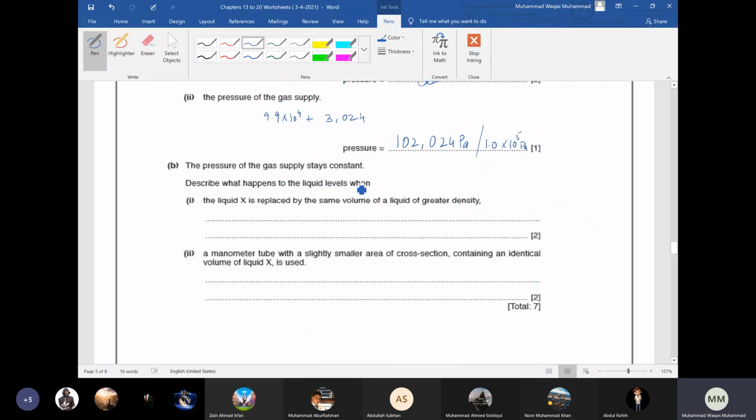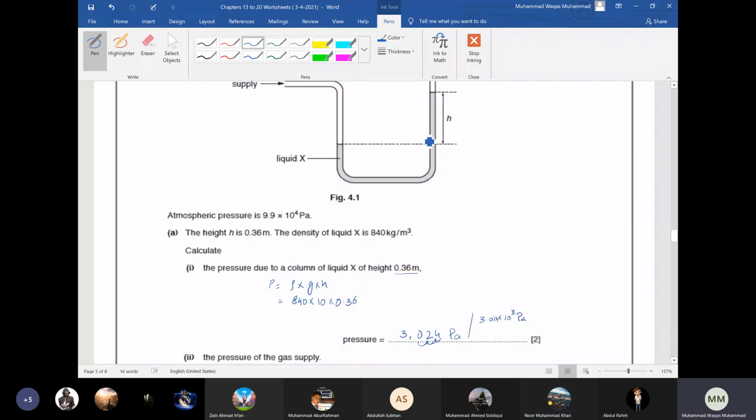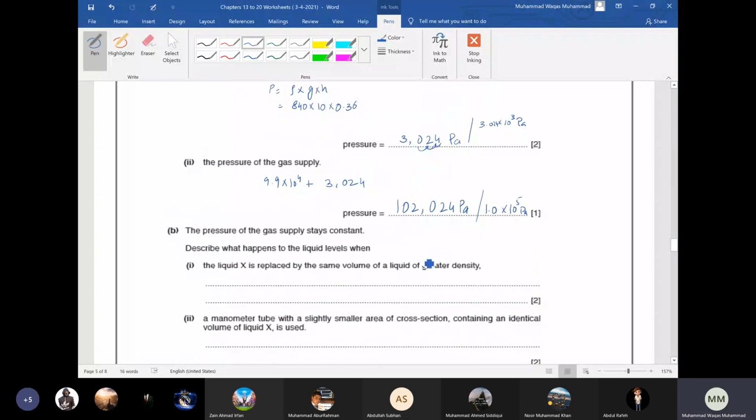Describe what happens to the liquid levels when... Now this is an important and tricky question. Describe what happens to the liquid levels when the liquid X is replaced by the same volume of a liquid of greater density.